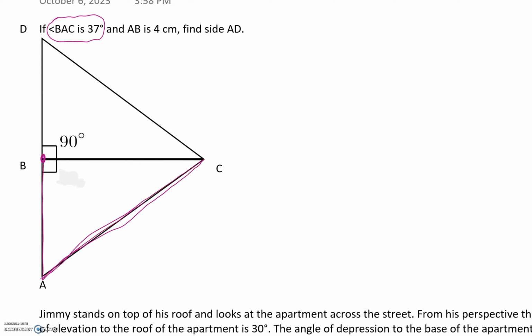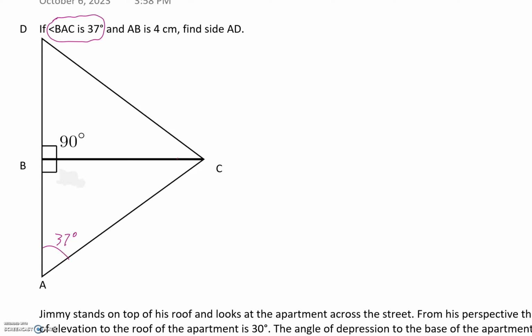And what I've just drawn here, and I'm exaggerating it quite a bit hopefully for you, is an angle. This is the angle that is given to us. So that is the 37. It's always the middle letter, and you draw all the lines in order to understand what angle that is.